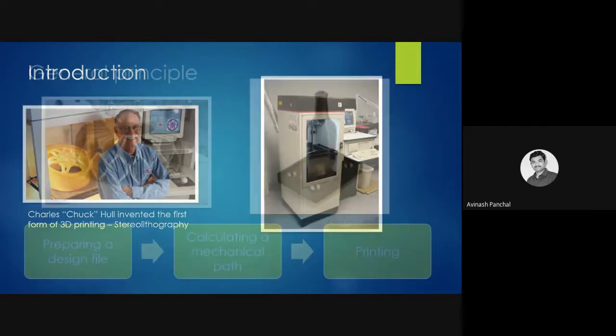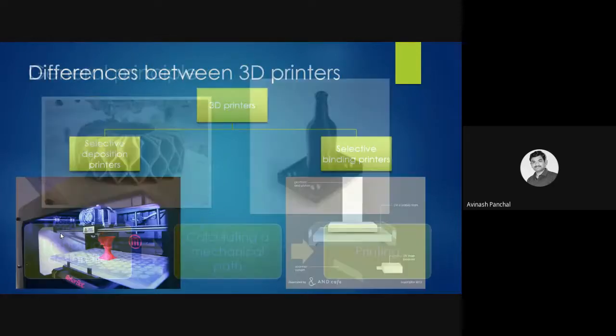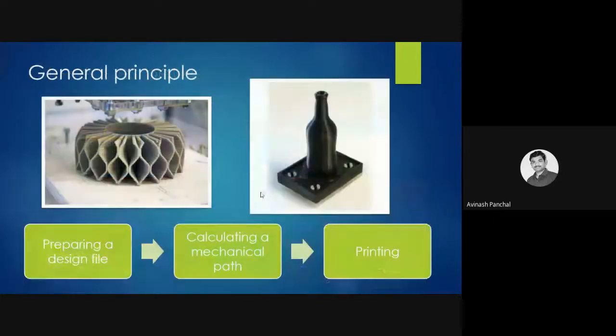Okay, and we know that there are general principles for 3D printing. The first one is preparing a design file, in CATIA or AutoCAD software. Then we need to calculate a mechanical path by slicing.